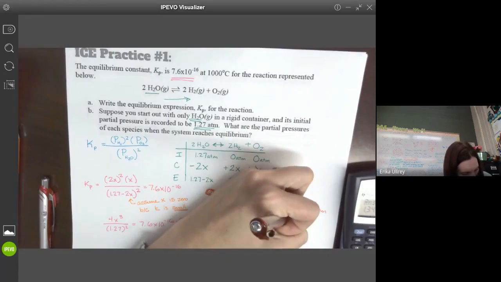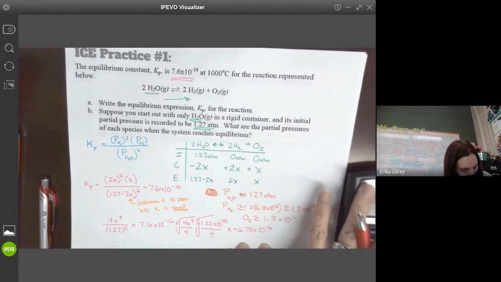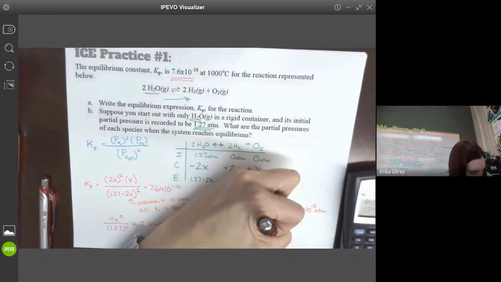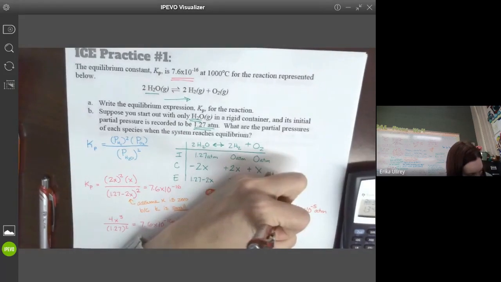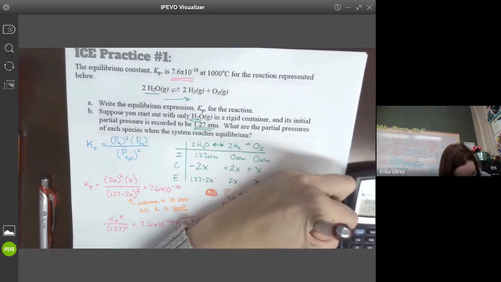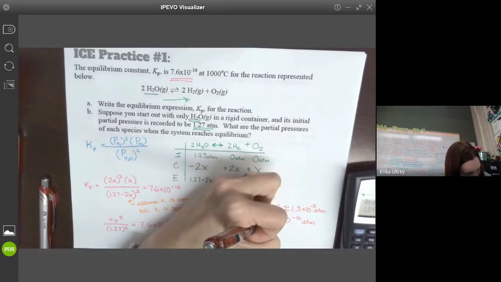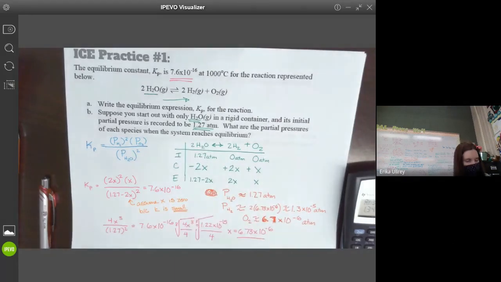6.7. It's right down here. 6.7 times 10 to the negative 6 atm. It's just your x value. Okay.